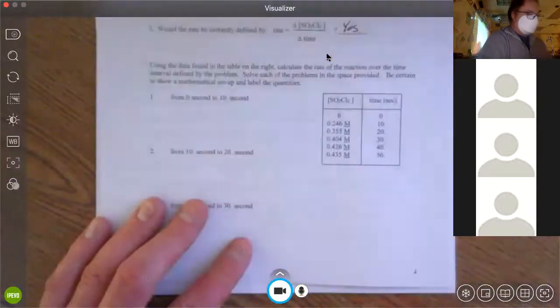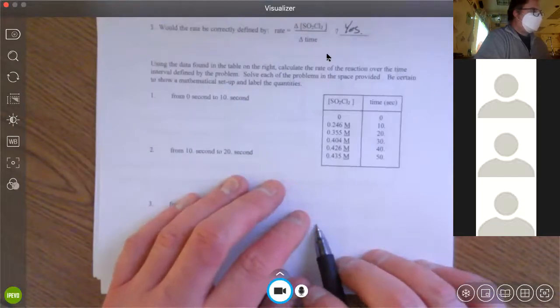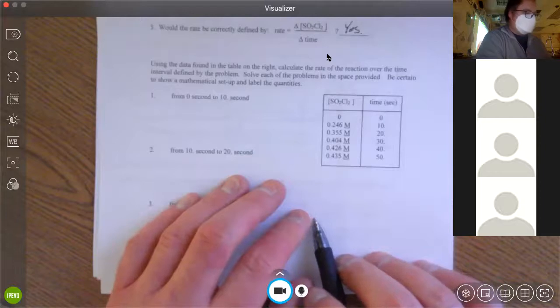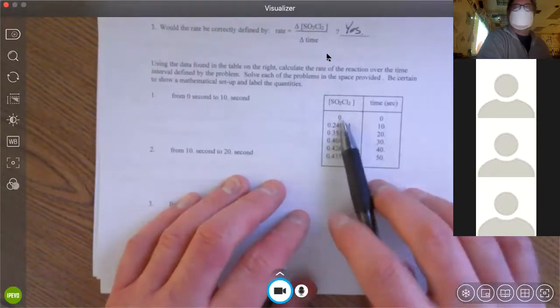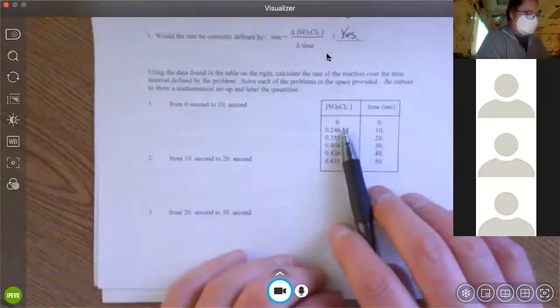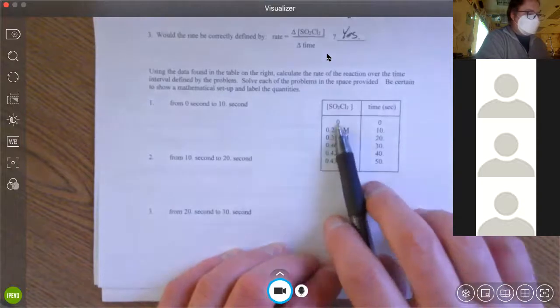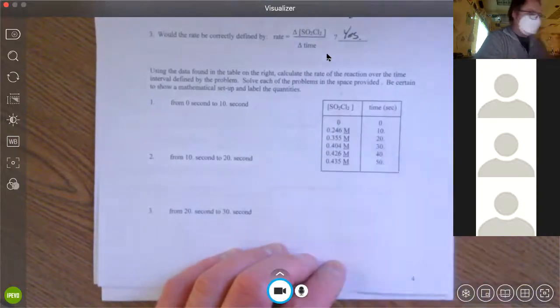So let's try one. A lot of times we find instantaneous rates by doing really quick ones, done at a certain concentration. We find the time it happens, and then you just do this from 0 to that, and you can get some decent data.